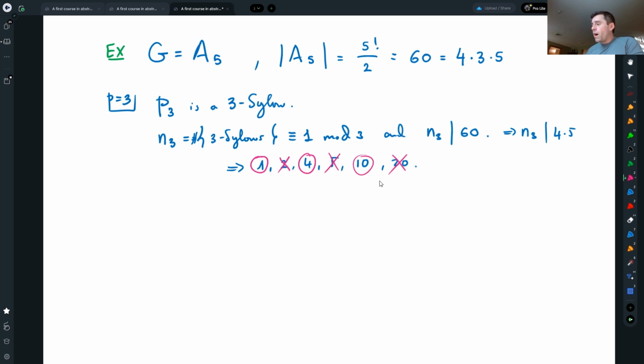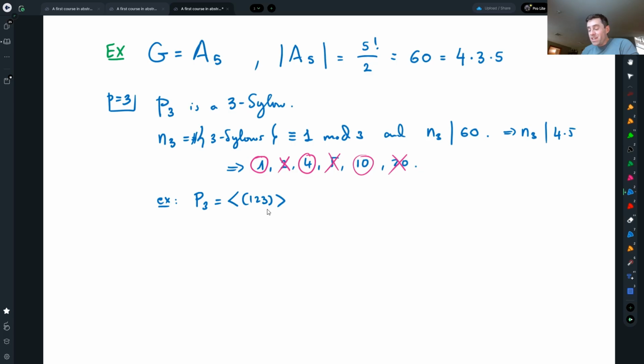So how many are there? Let's try to find one. It has to be a cyclic group of order 3, so I can take, for example, (1 2 3). That is one of them.